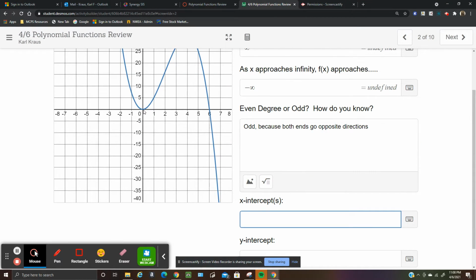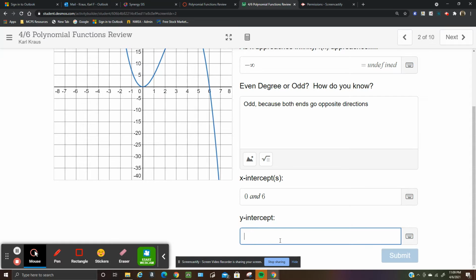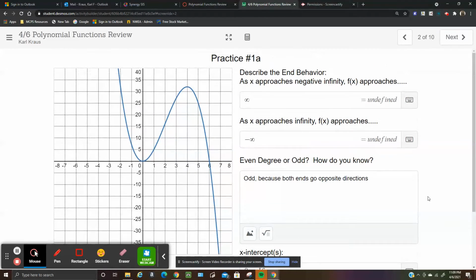The x-intercept at 0 and 6. And the y-intercept is at 0. Or you could write the order pairs. I'll give you credit for either.